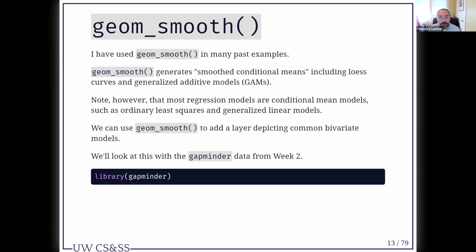We can use geom_smooth on a ggplot to add a layer which will depict any kind of bivariate relationship you want. For an example here, I'm going to load up the Gapminder data from week 2, way back at the beginning of this class, and show you how to display model results on a ggplot.